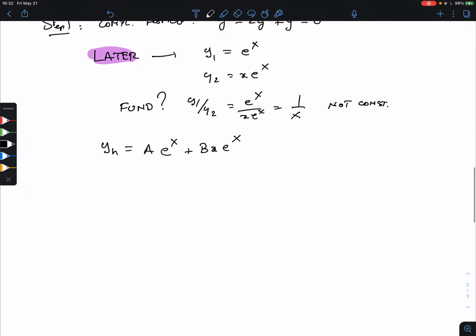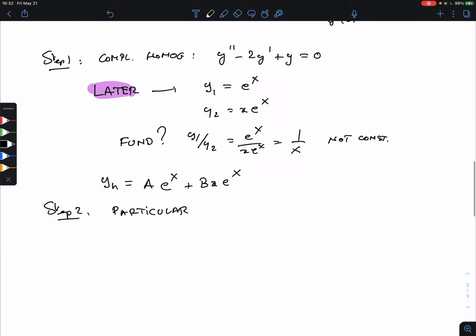Step 2, the particular solution. Now, this time I'm not going to give you the solution right away.